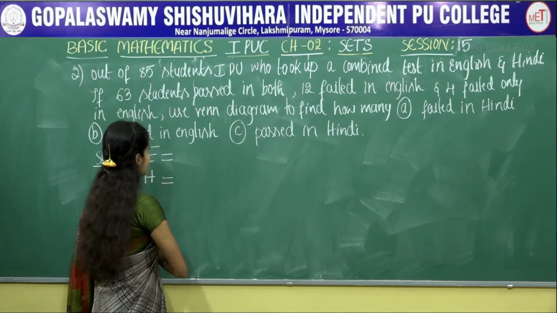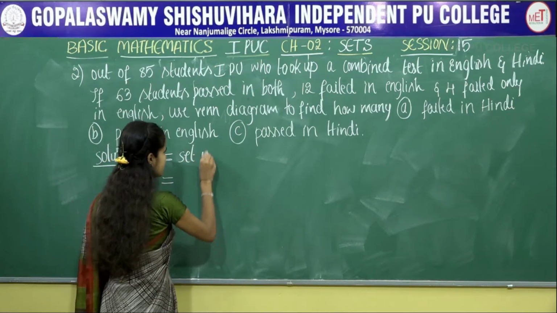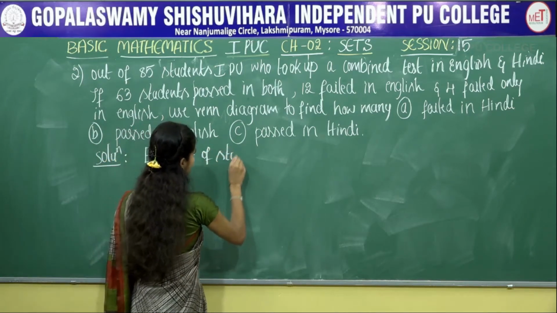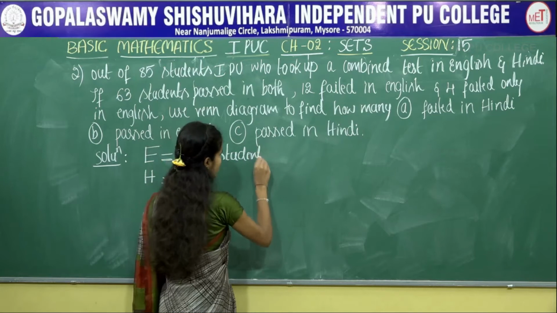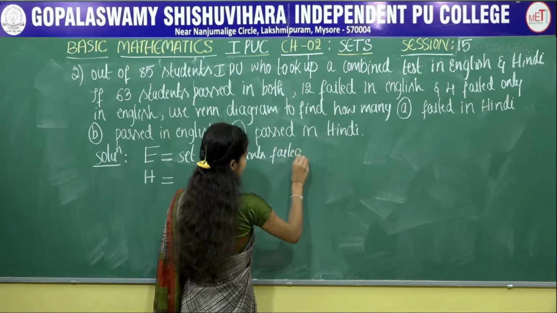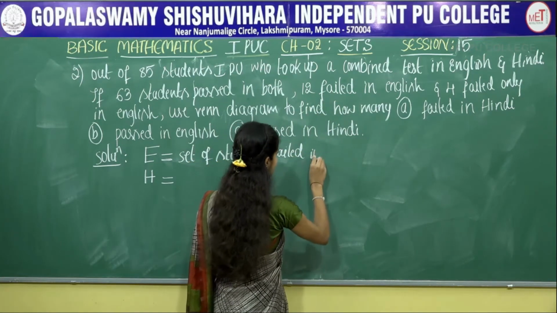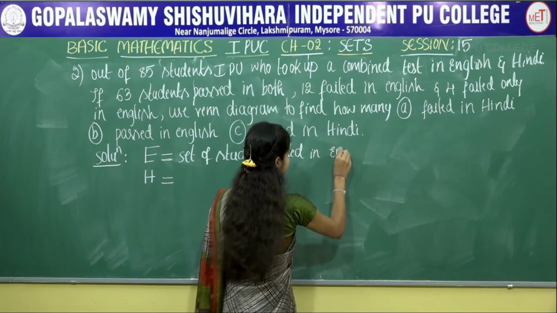So here I describe set E represents set of students failed in English. Failed, because here given number of students failed in English.